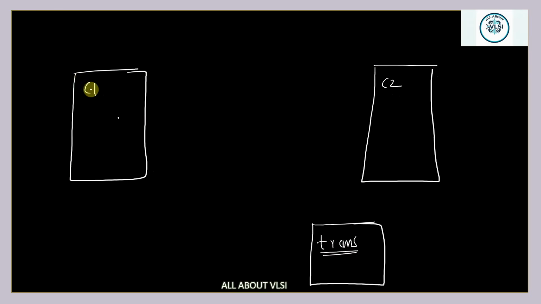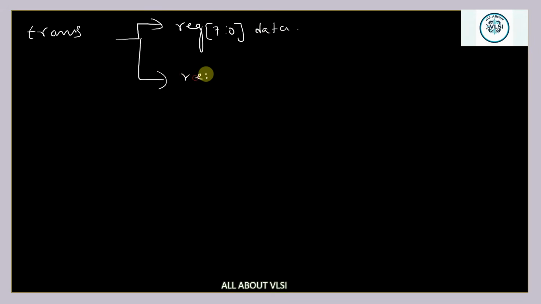The class trans is going to have the information of logic 7 down to 0 data, and one more piece of information, logic 3 down to 0 address. So this class trans is going to have this information.